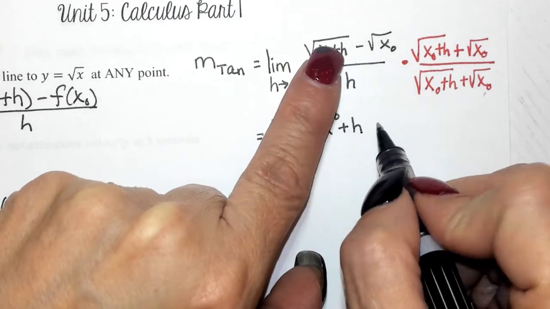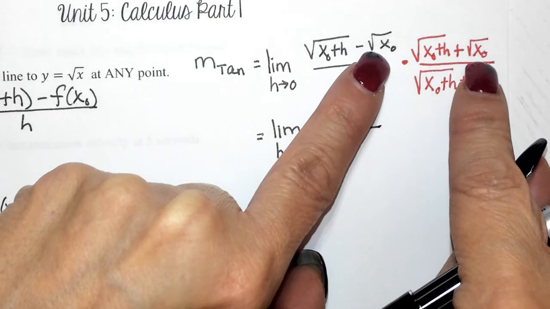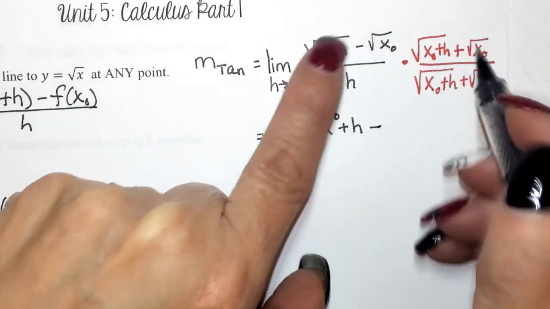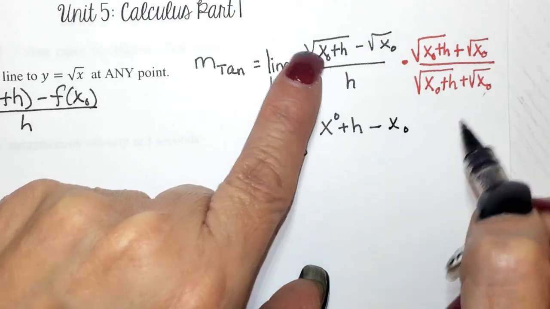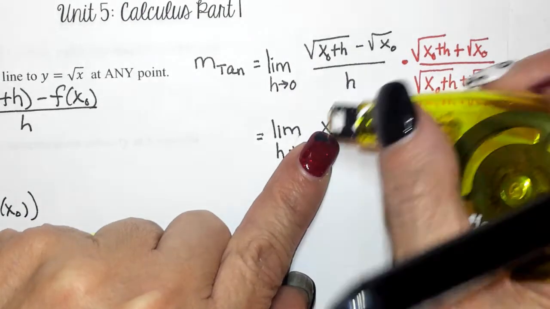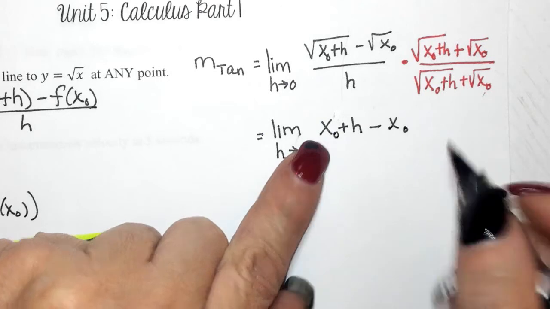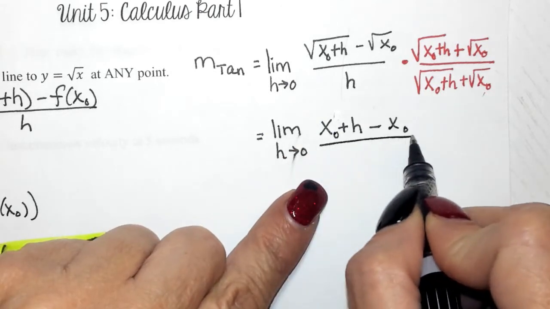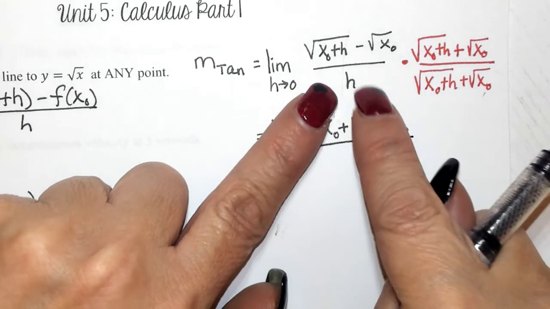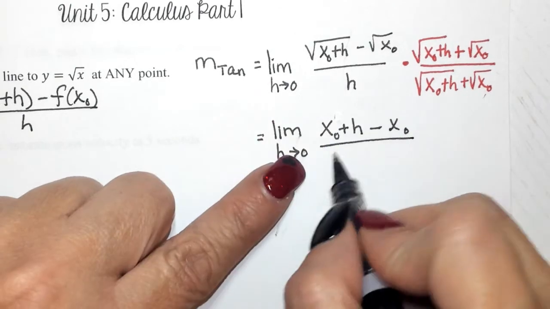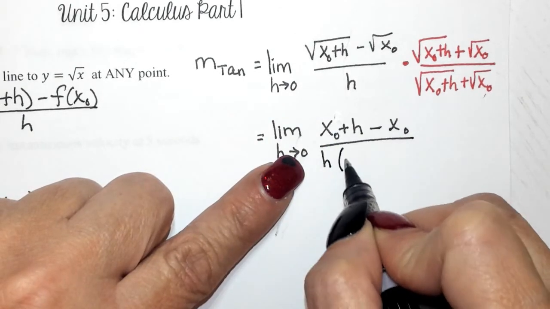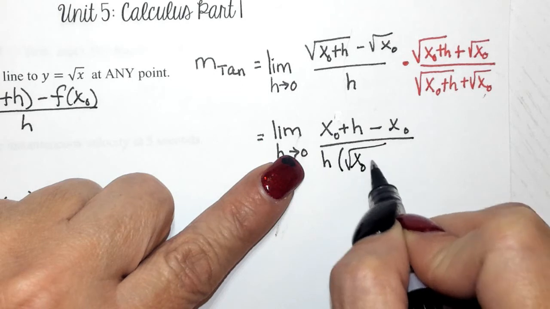And then you're going to have minus x naught. That naught should be on the bottom. But then on the bottom, and now I'm going to be real careful on this, it's h times this. Don't multiply that out. Do me a favor and just keep that written like this.